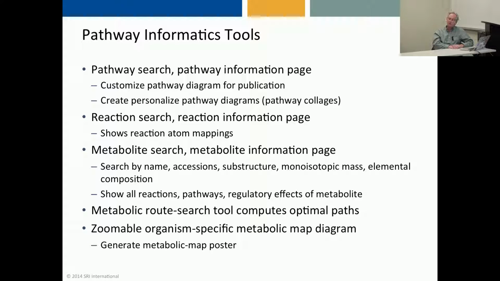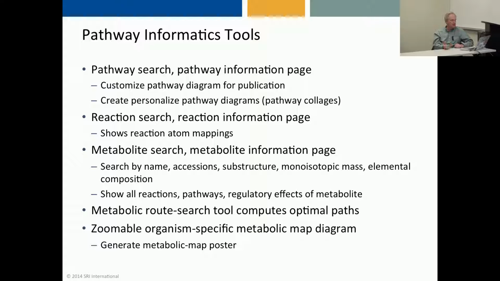There are pathway informatics tools, which the user can use to search for a metabolic pathway, and display an individual pathway diagram using a layout that's generated automatically. The user can search for reactions according to different criteria. They can search for chemical compounds.